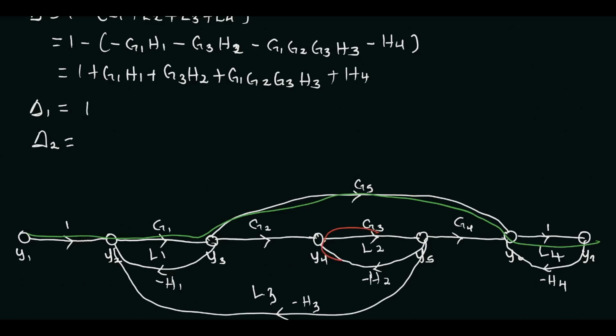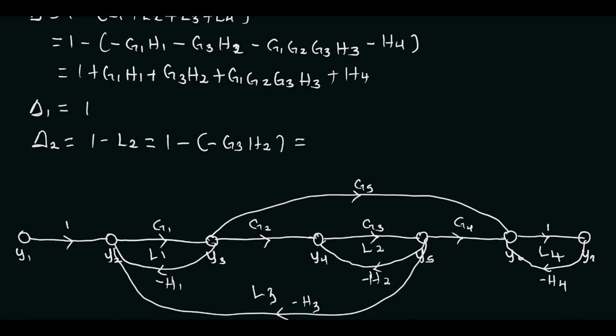This is your loop C. So the delta 2 will be equal to 1 minus loop 2, that is 1 minus minus G3 H2, equals 1 plus G3 H2.